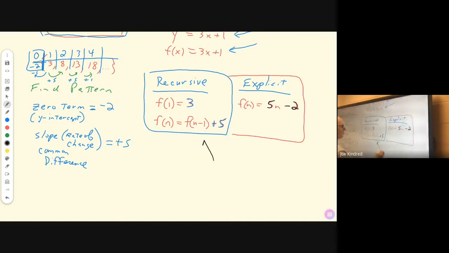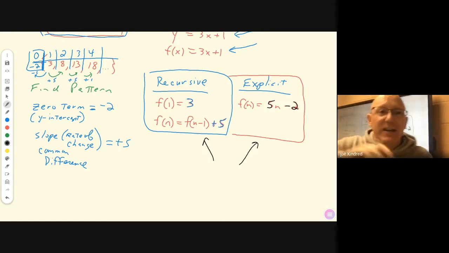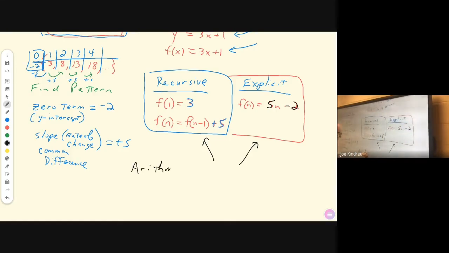We should be able to do both, right? The recursive and the explicit given a sequence. And this sequence, by the way, this is called an arithmetic sequence. And it's also a linear function.